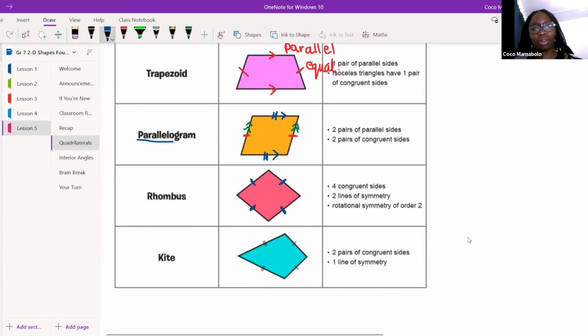What can you tell me about our kite? The kite has all four sides equal. Not all four sides. Have a look again. Two sides are equal, the same length, and then the other two are also equal. Excellent. Very well done, Wisdom.